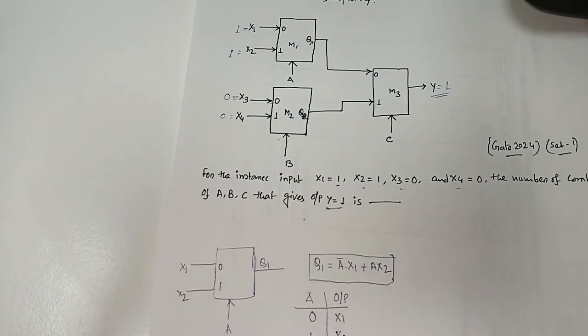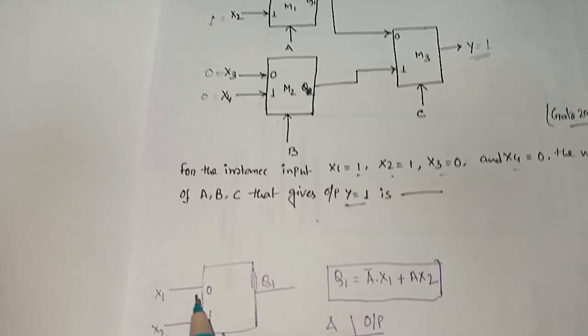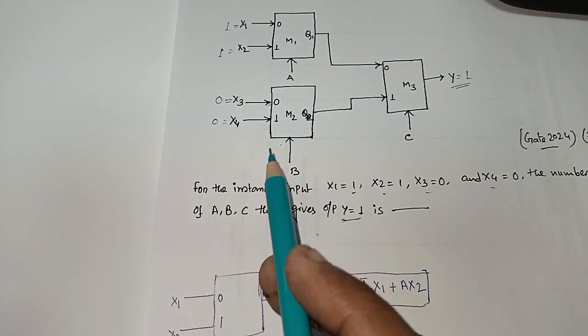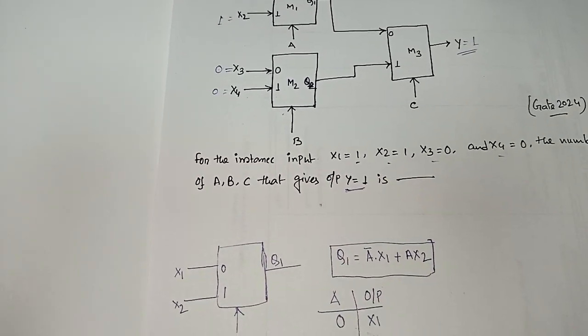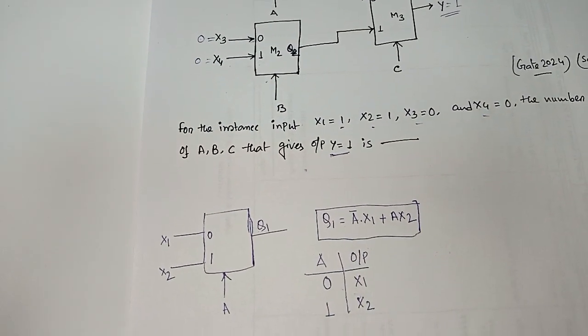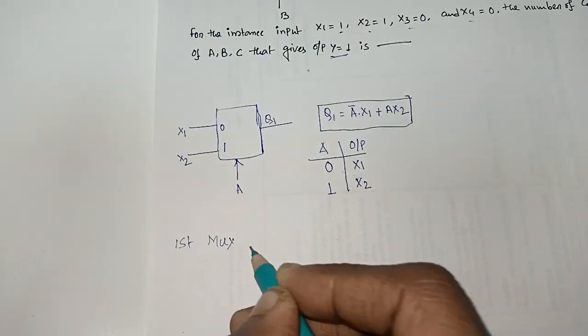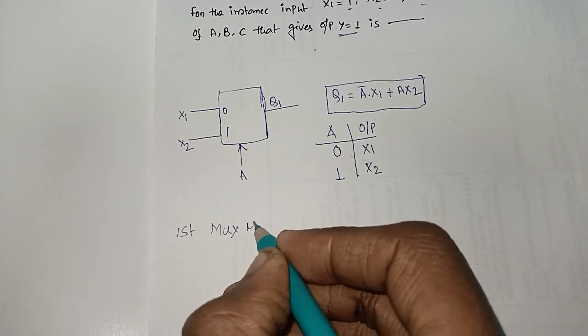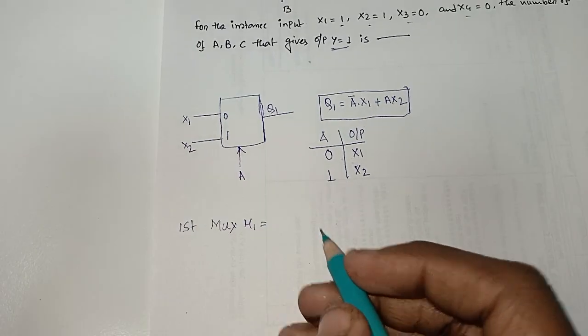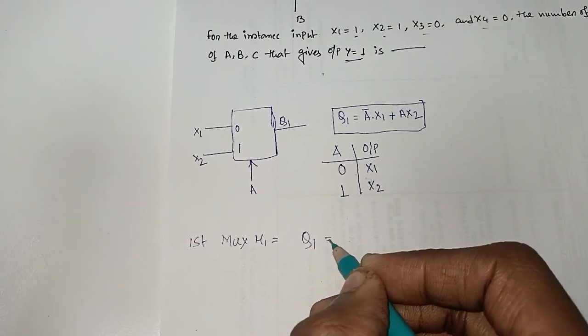If we take the first multiplexer M1, we get output q1.